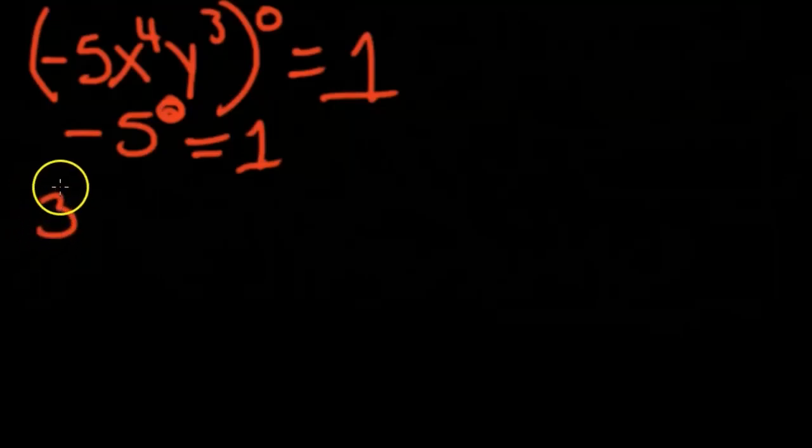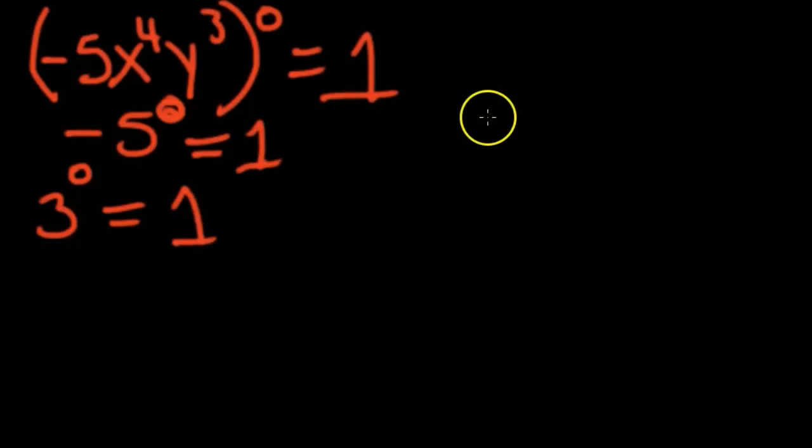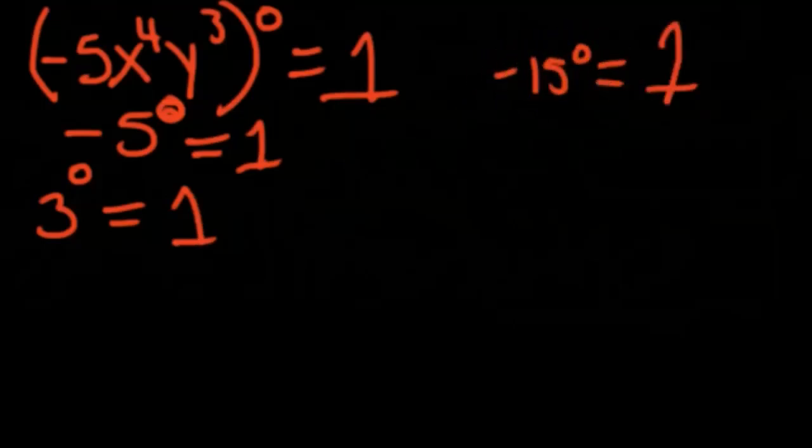Negative 3 to the 0 power is 1. Negative 15 to the 0 power is 1. So keep that in mind. This includes all problems where something is raised to the 0 power. So what's the difference between these problems? Go ahead and calculate these problems on your own.